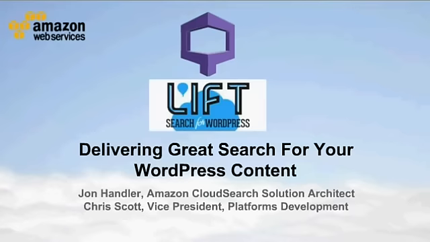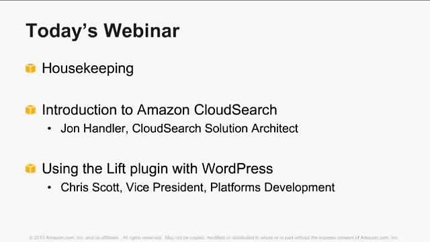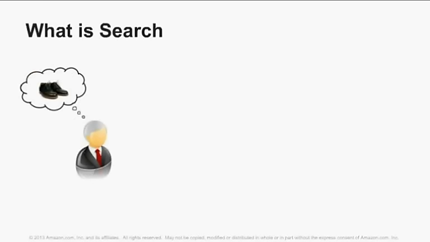So let's zoom in a little bit and talk about what is search. Here we go. So let's talk about the search problem itself. Again, we have a collection of documents which represent the corpus of data that you're searching over. In an e-commerce setting for a site like Amazon.com, that corpus is comprised of a collection of products.